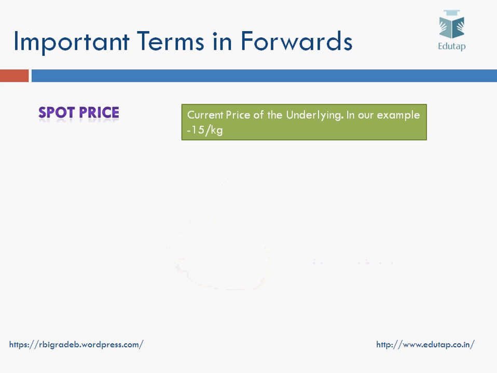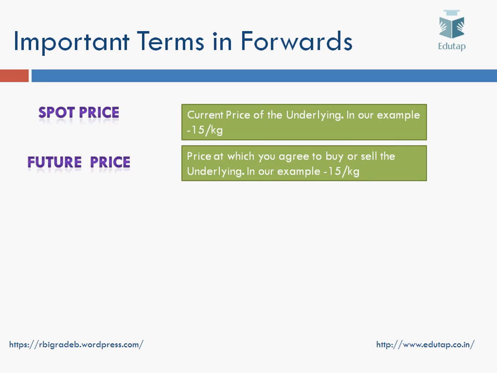Now we will discuss some important terms in forwards. First is the spot price. The spot price is the current price of the underlying. In our example, since onions are the underlying, their current price is 15 rupees per kg, so 15 rupees per kg becomes the spot price. What's the future price? The future price is the price at which both parties agree to buy and sell the underlying in the future.